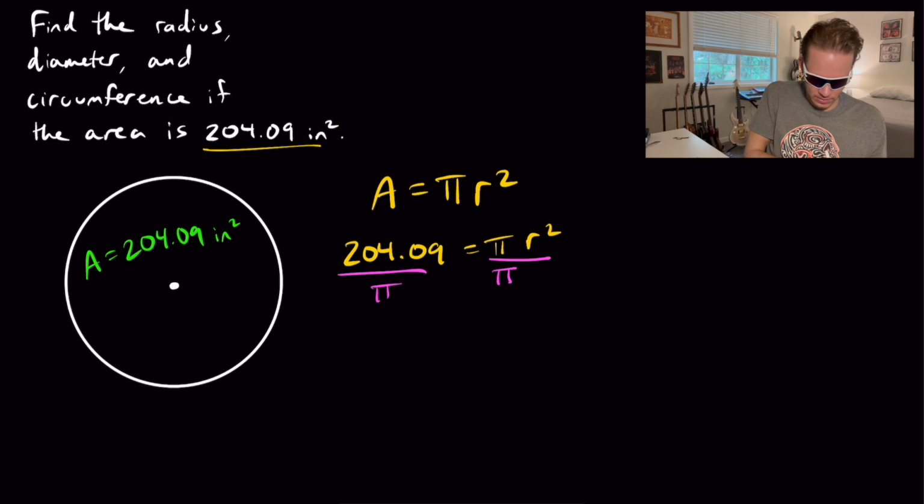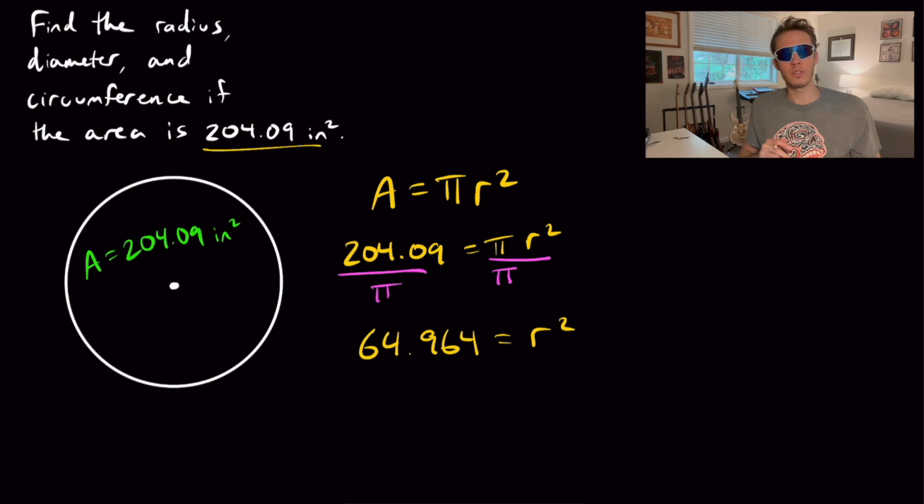And when I do that, 204.09 divided by pi, that's going to be 64.964, we'll call it, is equal to r squared. So we want the radius, not the radius squared.